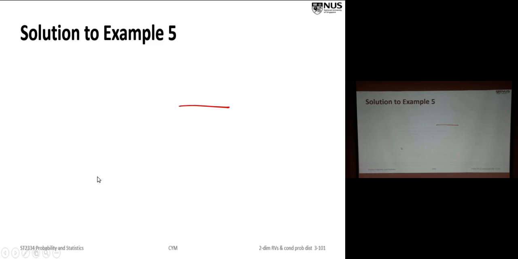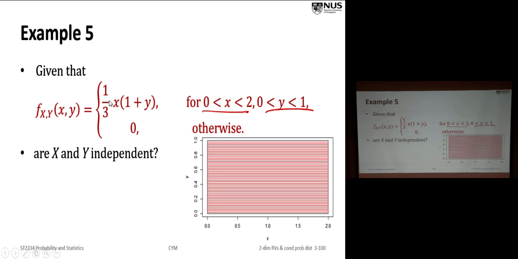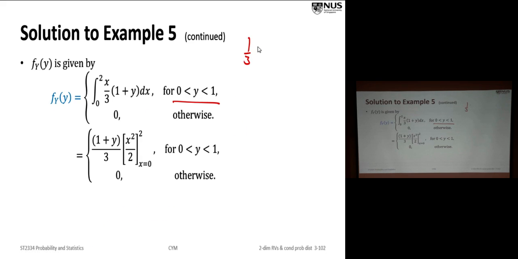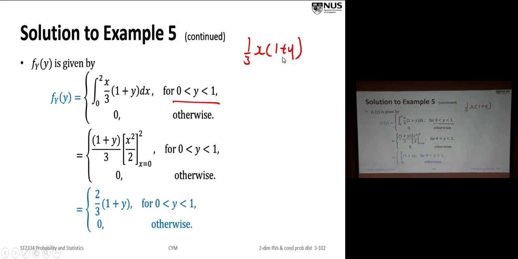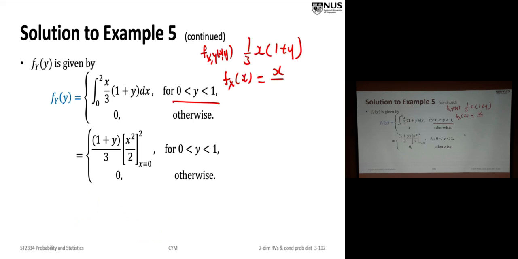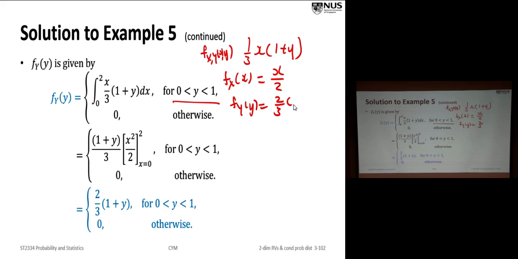f of x,y is 1/3 x times 1 plus y. While f of x is equal to x over 2, and our f of y is equal to 2/3 times 1 plus y.